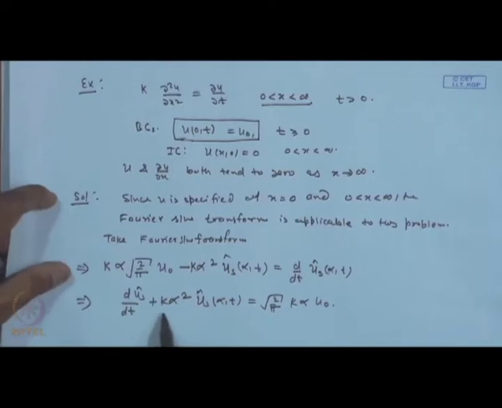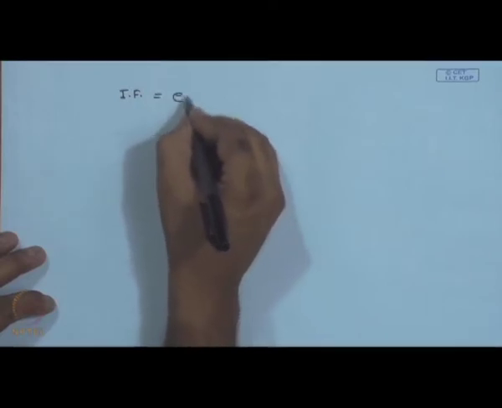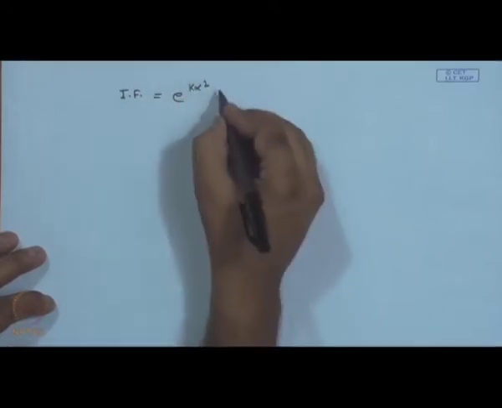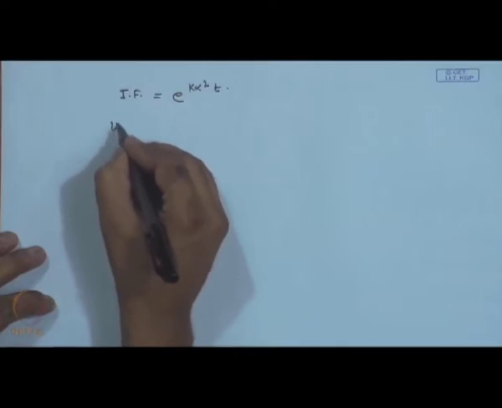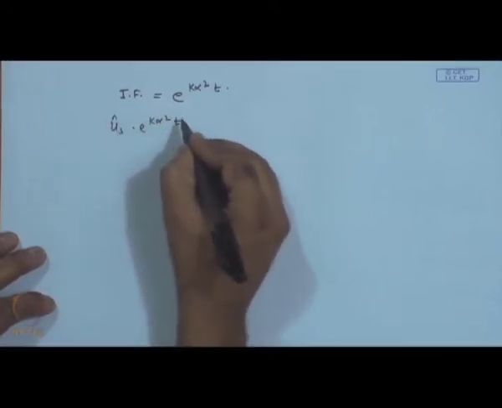For that, we get the integrating factor. This is a linear ordinary differential equation, so the integrating factor will be simply e to the k alpha square t, and then we can get the solution.